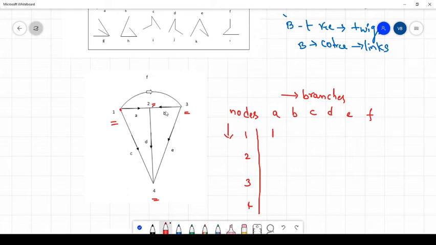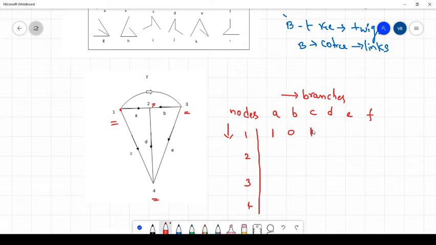This is node 1. Is B branch connected? No. So B branch is not connected. So what is the value for node 1 with the branch B? That value is 0. After that C. C is connected. The direction is also away from that node. So we can take that value as 1 here.